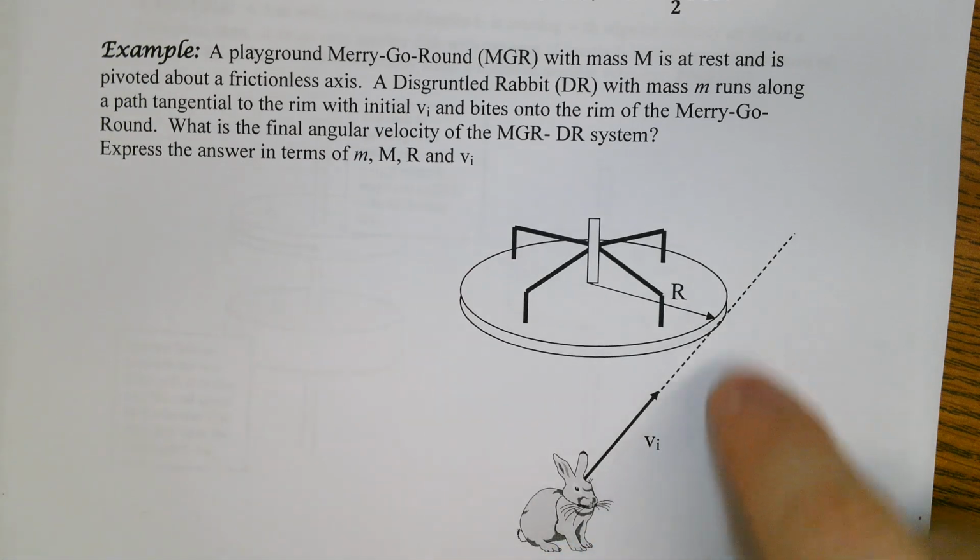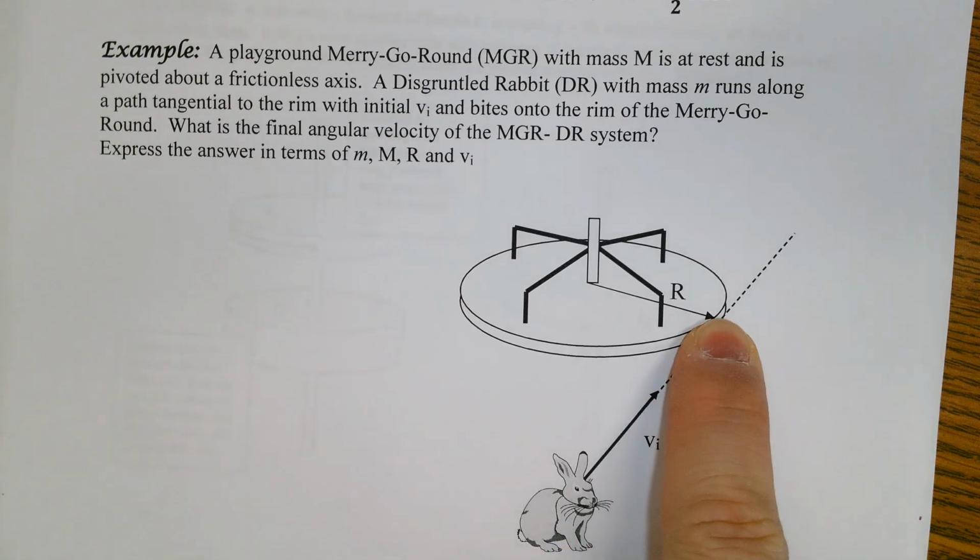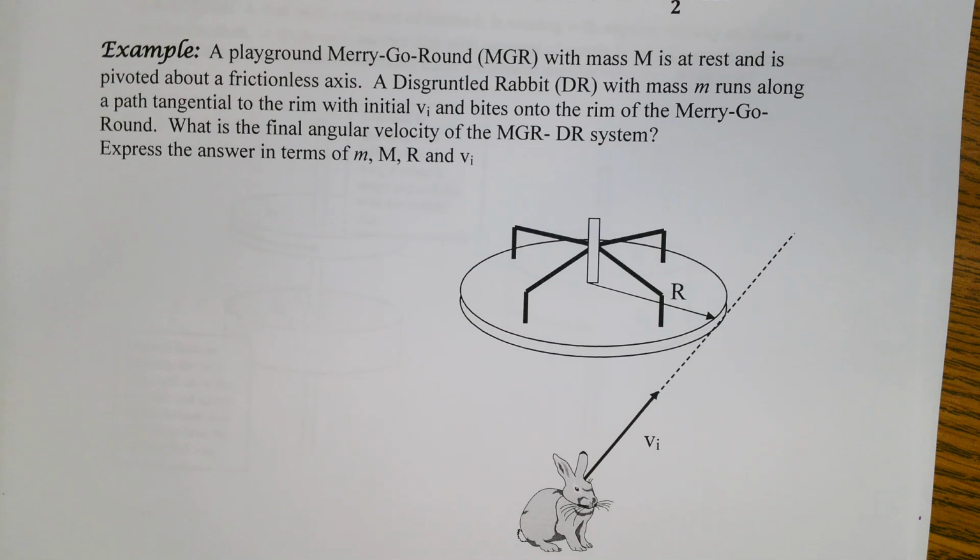So once the rabbit bites this thing, it's going to be a completely inelastic collision. In collisions, not only does conservation of linear momentum have to exist, but conservation of angular momentum also has to exist.